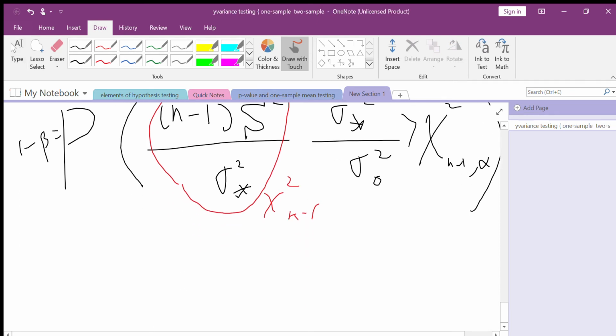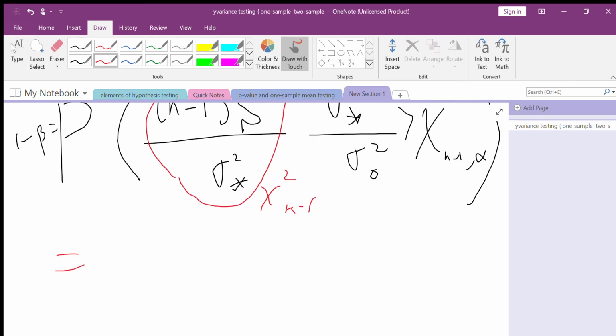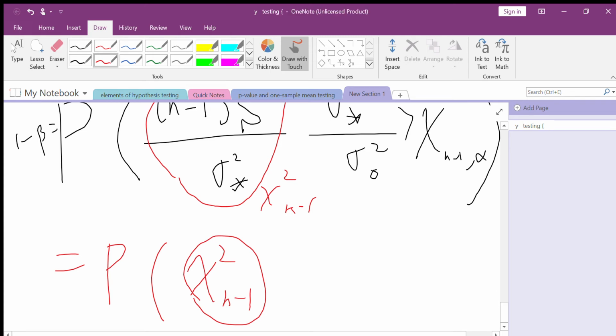So the power function can be represented as follows. This whole thing is a random variable following chi-square with degree of freedom n minus 1, times sigma star squared over sigma 0 squared, greater than chi-square degree of freedom n minus 1 upper alpha quantile.